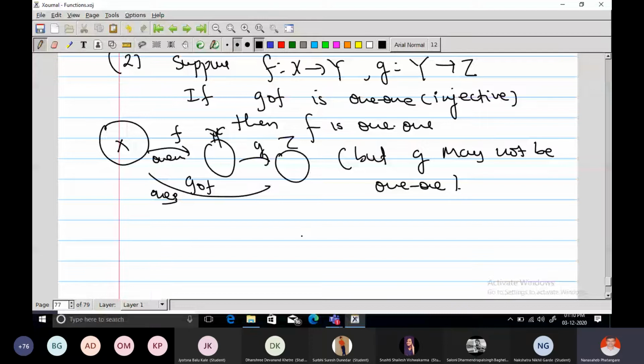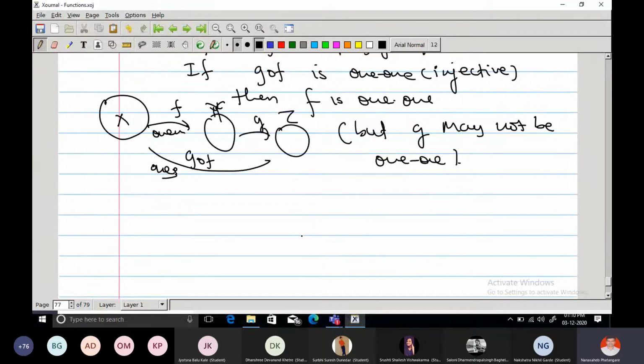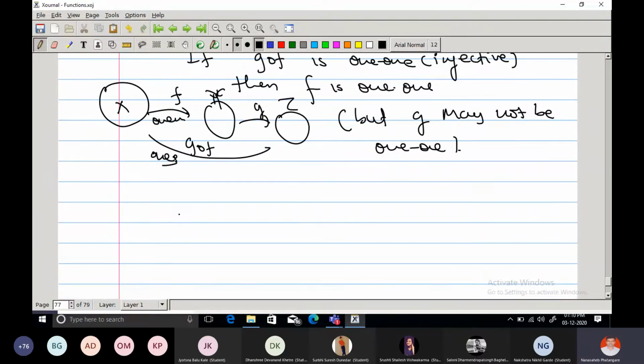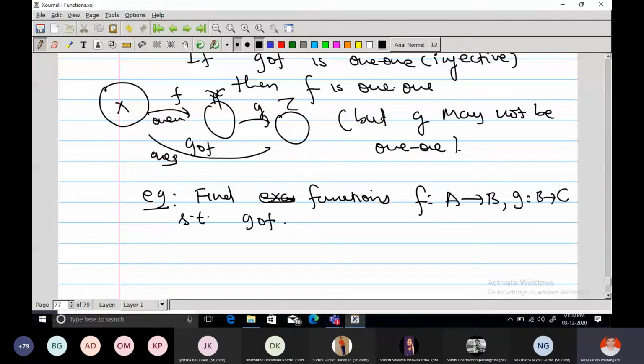So can you give an example? Can you produce an example of such functions? So find functions f from A to B, g from B to C, such that g composite f from A to C is 1-1, but g is not 1-1.